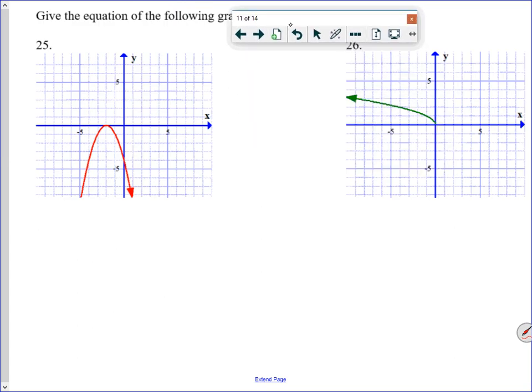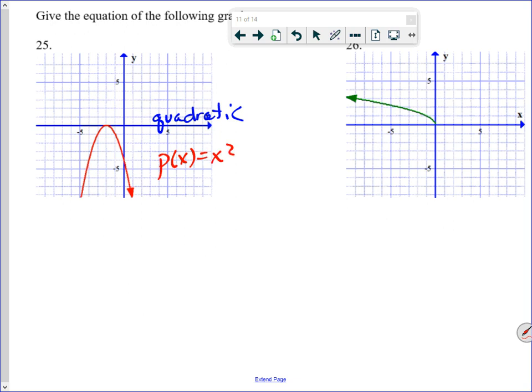Now, for these, we have to identify the families. So this is a quadratic. So I know the parent function is x squared. But we have to look at what's been done to this function.